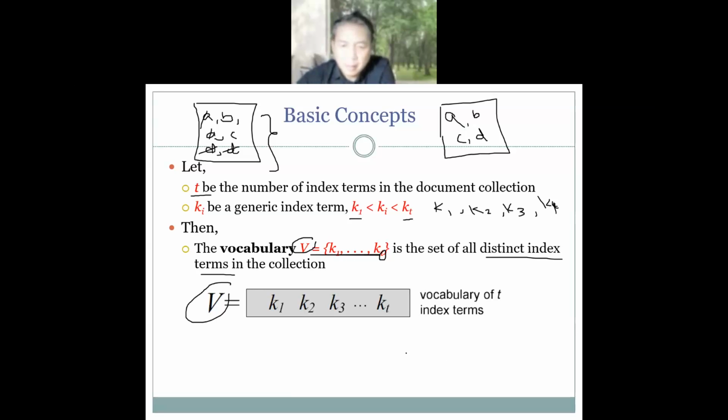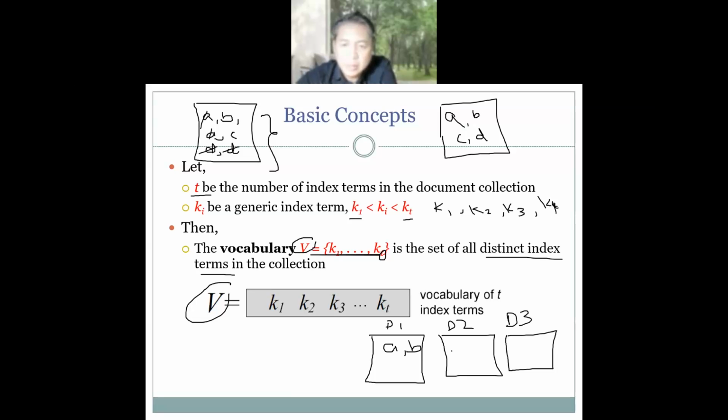So for example, if we have document D1, document D2, and document D3, and D1 has A B, D2 has B C, and D3 has A B C, then your vocabulary for this set of documents will be A B C only.